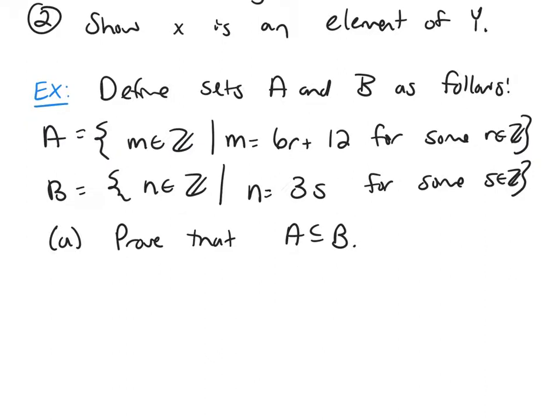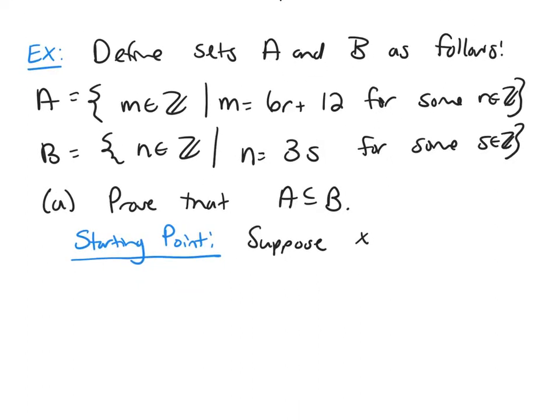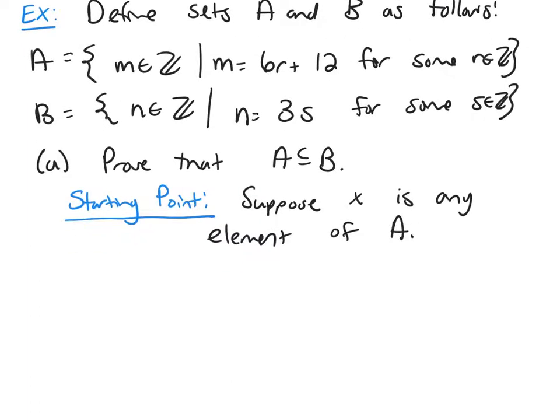So when we want to write this proof using our element argument, let's identify our starting point for this proof. Our starting point would be, suppose you take an arbitrary element out of A. So x is any element of A. And now, what conclusion are you trying to reach?